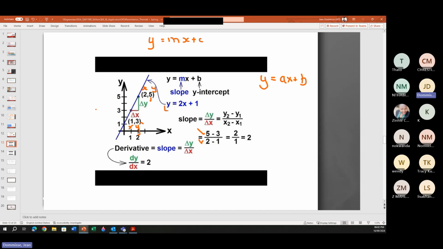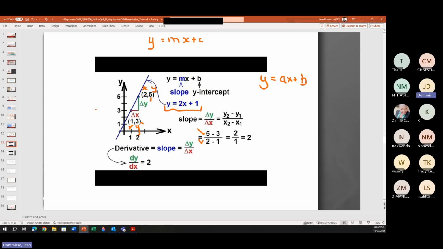But look at this formula. I want to show you something else as well. We now worked out that slope, that is 2, if you work it out from those points. But if we look at 2x plus 1, and we get the first derivative of that, let's look at the derivative of y.